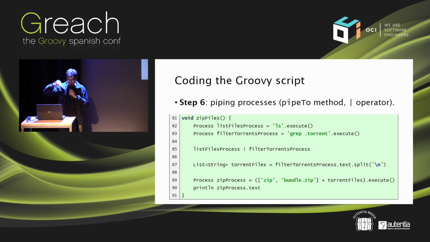We construct a pipeline, and in the last process in the pipeline we extract its standard output, and finally we execute another process in order to zip all the torrent files that have been downloaded.